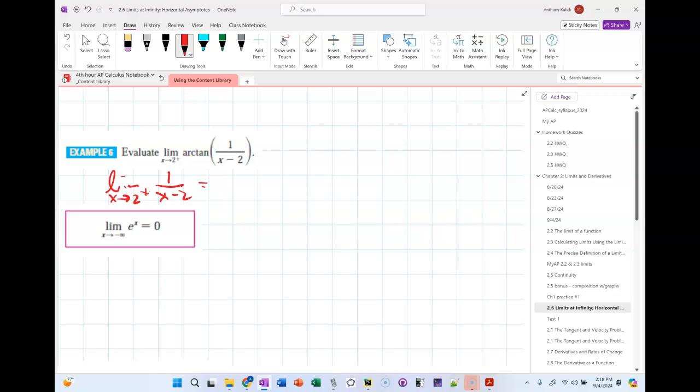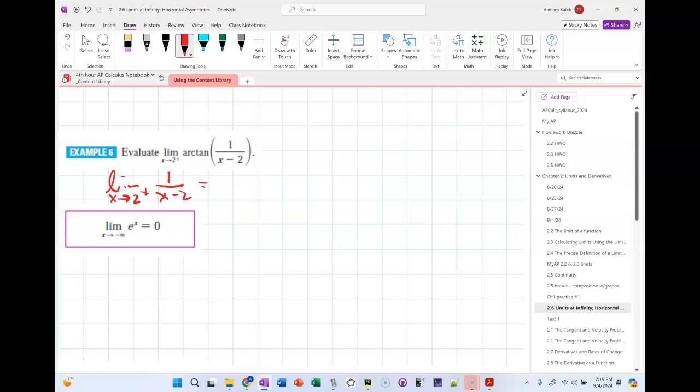Well, it's just from the right. So that one can exist even if it's infinite, right? It's not 0. Good, it's positive infinity.